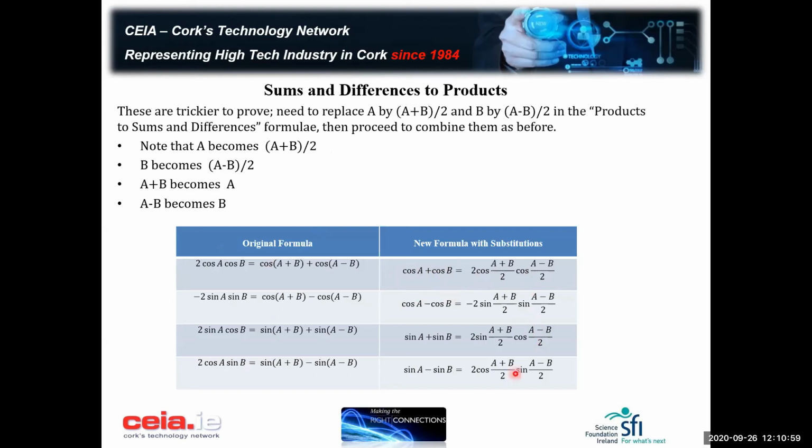You don't need to know how to derive them necessarily, but these four equations down here, you need to know that they are in your log tables and know where to find them, know how to use them. And in fact, there is an exam question using a couple of these identities, and we'll cover that in a few minutes.